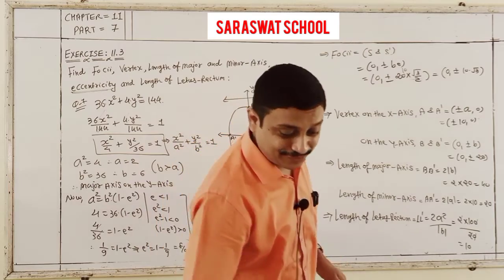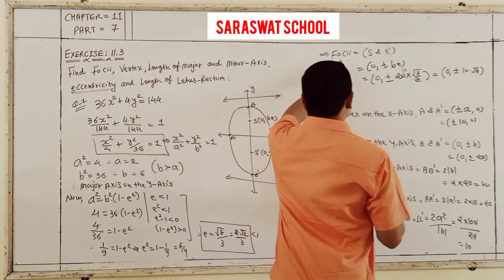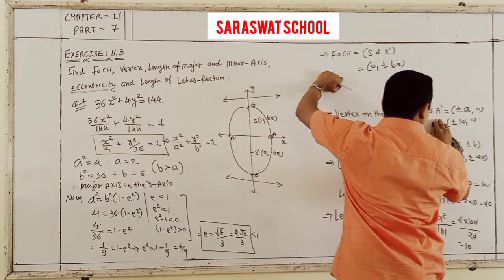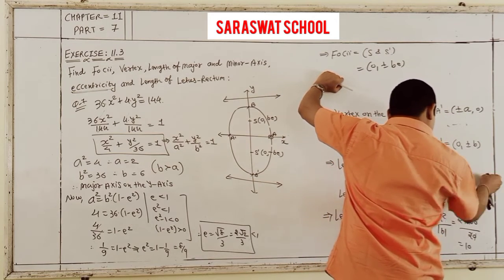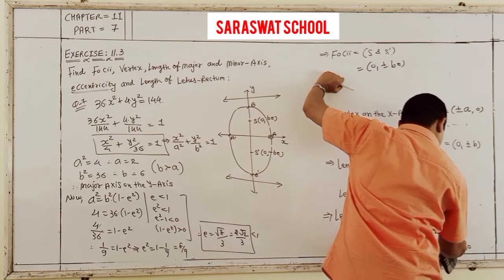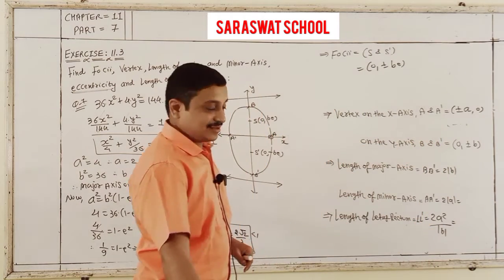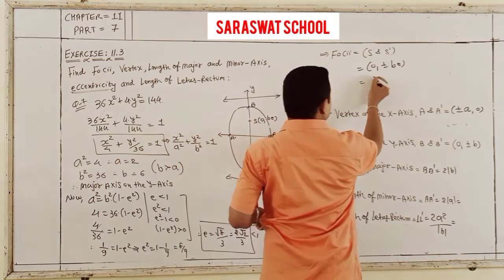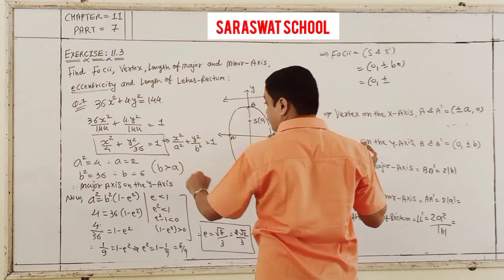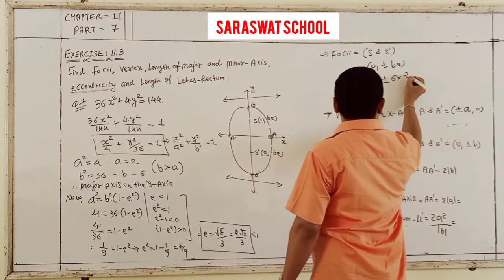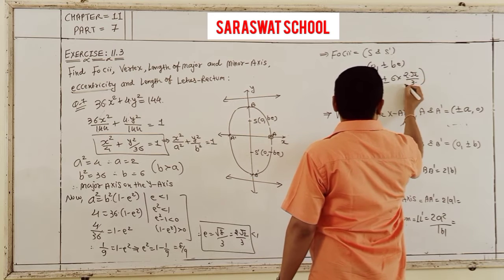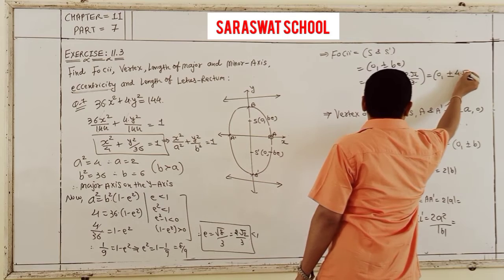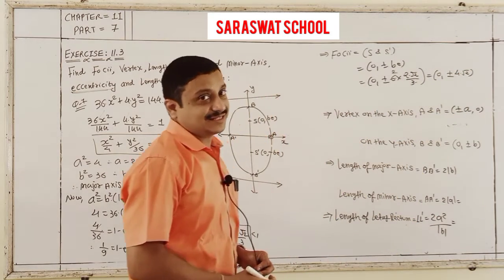Now I am moving ahead to the next case. For the focus, I use the same formula, because along the y axis this formula is the same, only the numbers and points change, because the major axis is along the y axis: 0 comma plus or minus be. And b is 6, e is 2 root 2 by 3, 3 twos are 6, so 0 comma plus or minus 4 root 2. Yes, 2 twos are 4, answer is 2.